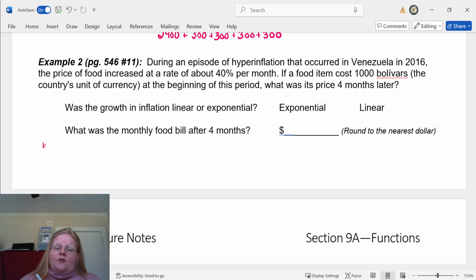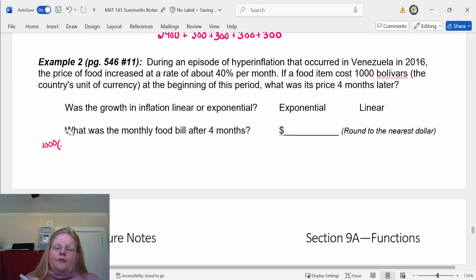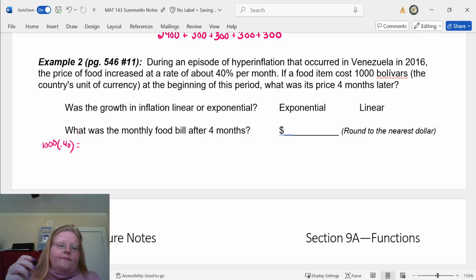So we start with 1,000 times not 0.04, times 0.4. Not 0.4, because we're talking about 40%. So that's going to be 400.